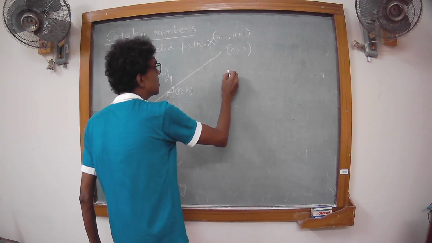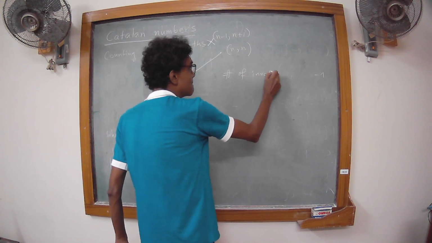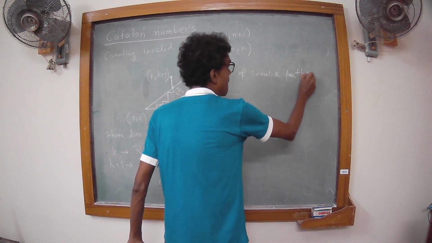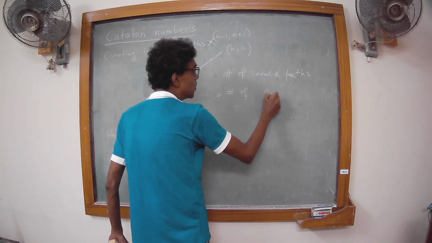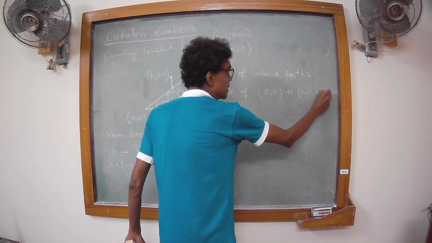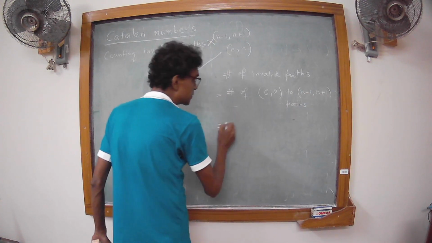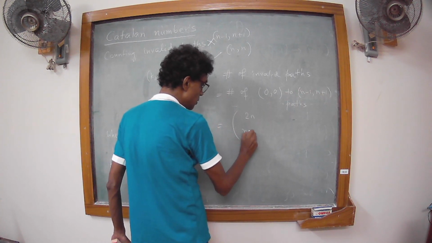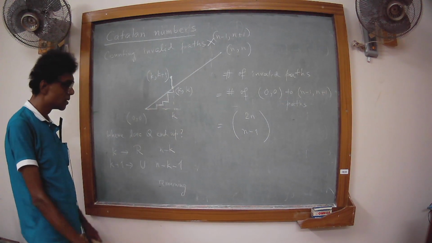So, number of invalid paths is the number of 0, 0 to n minus 1, n plus 1 paths. So, this is unrestricted. This turns out to this plus this, that is 2n choose n minus 1 or n plus 1. Okay.